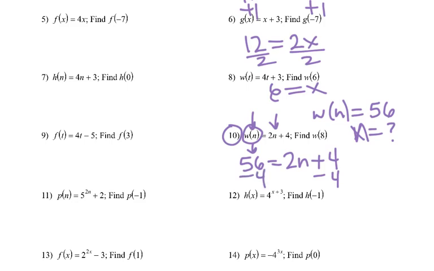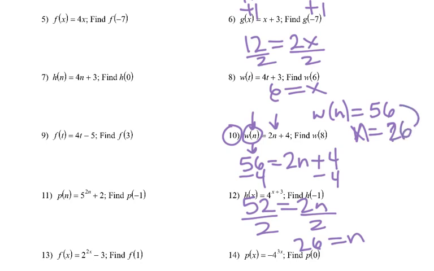Subtract 4. We get 52 equals 2n. Divide by 2. And we would get 26 equals n. So when n is 26, w of n is 56. Okay? So just wanted to make sure that you guys understood that as well.